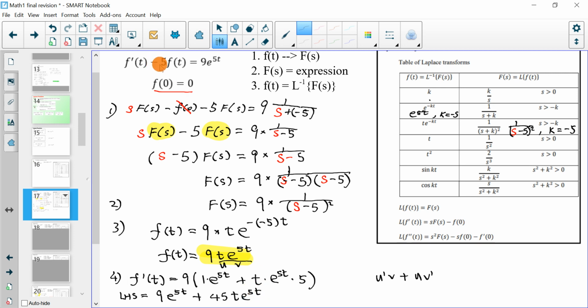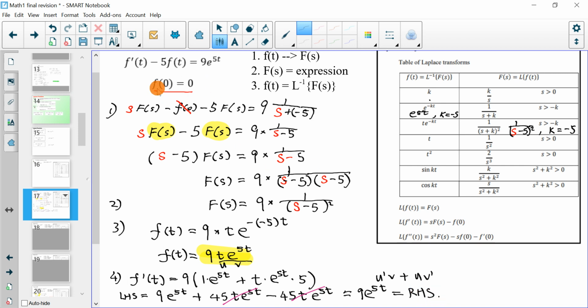And I also need to subtract 5 times the function, so minus 5 times 9 of this expression, which is going to be 45 t e to the 5t. You notice the second two terms are exactly the same, so they cancel each other. What I'm left with is simply 9 times e to the 5t. And that's exactly what the right-hand side is.